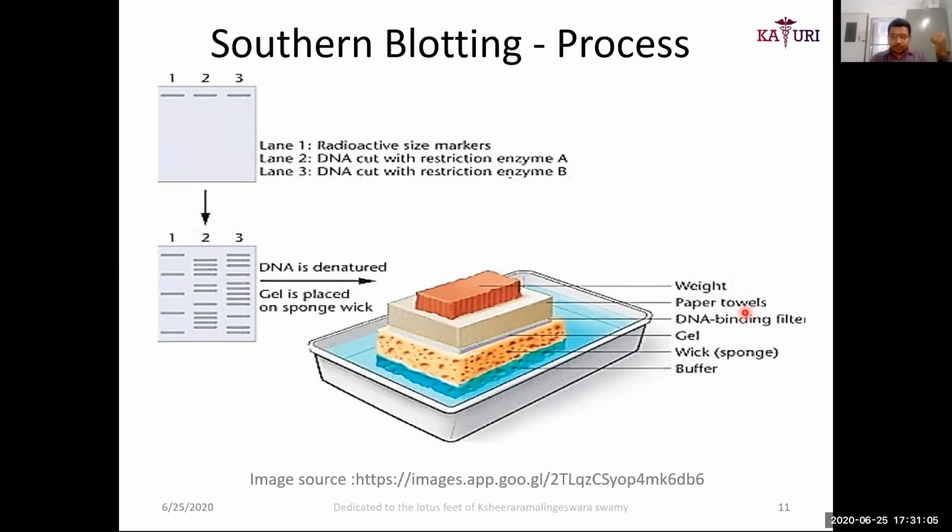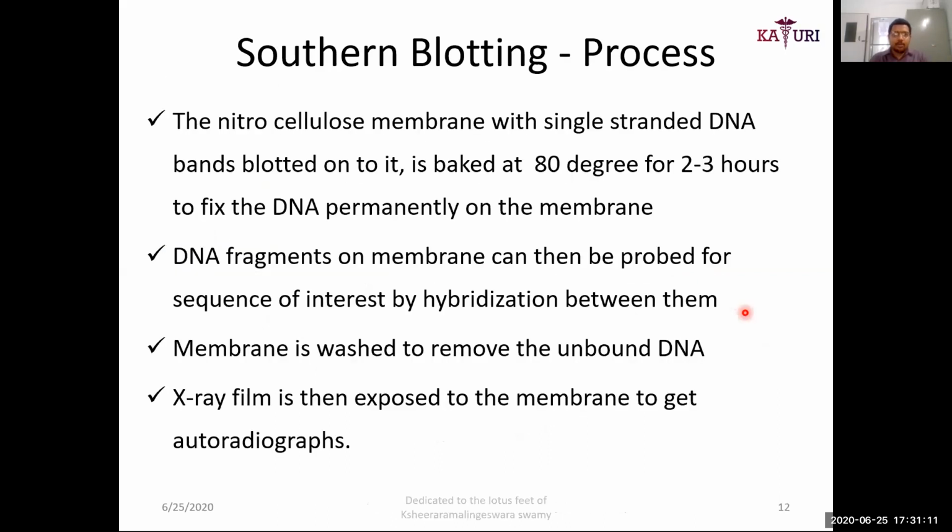It will stop the DNA, and that is the point where it binds to the nitrocellulose paper. Now, the nitrocellulose membrane with DNA strands blotted onto it is baked at 80 degrees centigrade for 2 to 3 hours to fix the DNA permanently on the membrane. It doesn't allow it to go away, and we fix it by incubating it at 80 degrees.